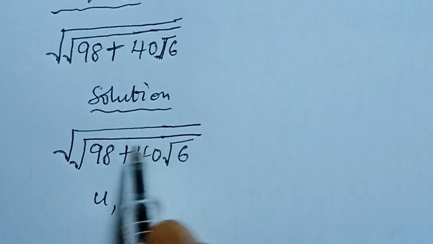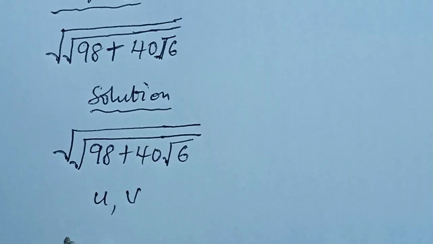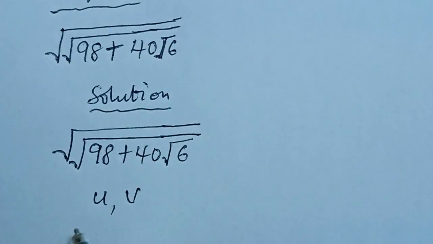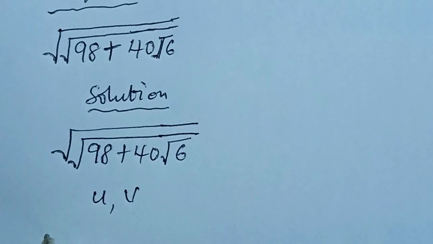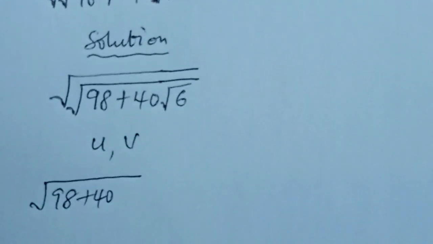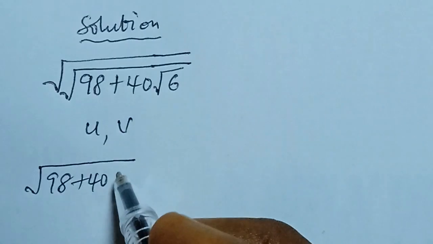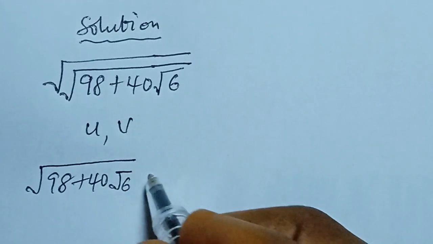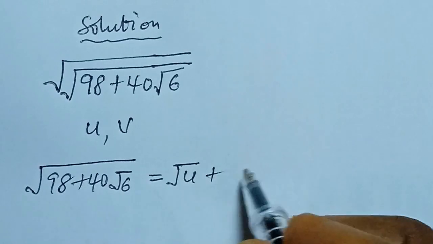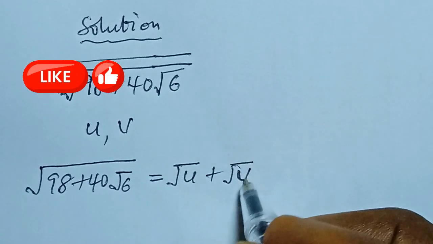So this can now be written as the square root of 98 plus 40 square root 6 is equal to square root of u plus square root of v.